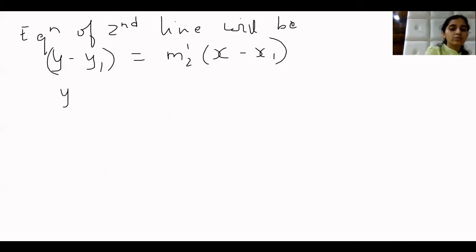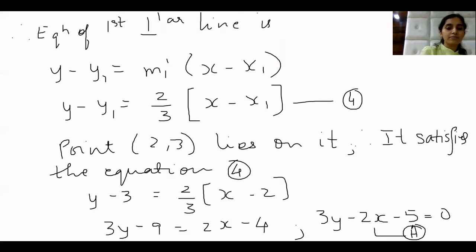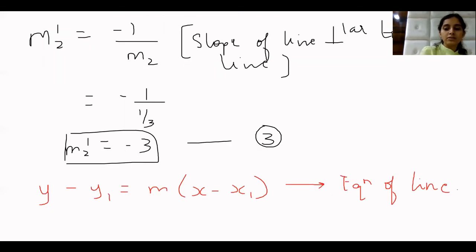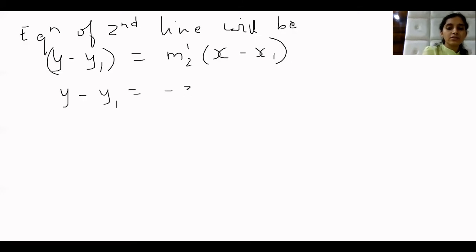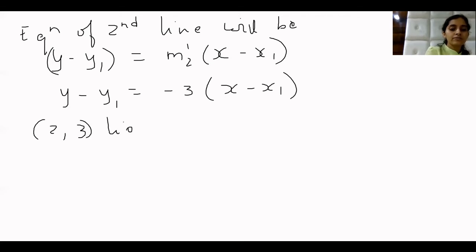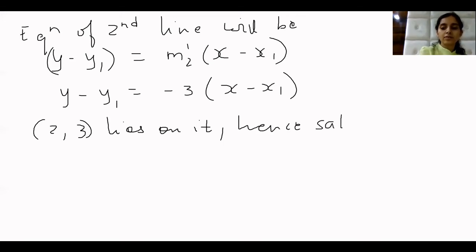What is m2 dash? It is minus 3, so let's put minus 3 here. x minus x1, where (2, 3) is the point that lies on it and hence satisfies the equation.